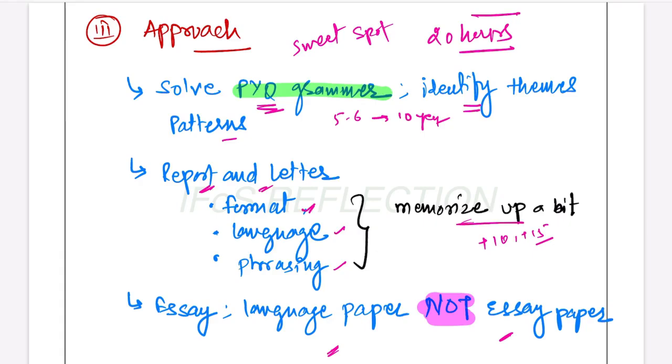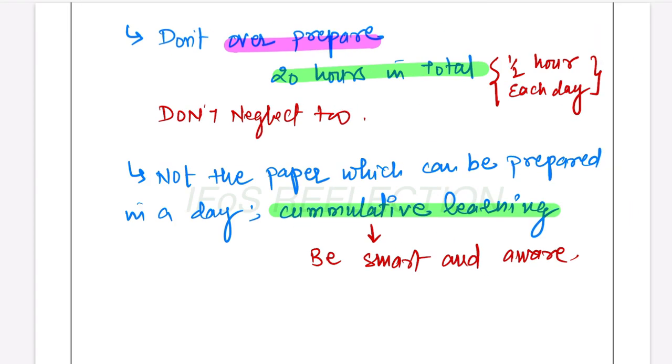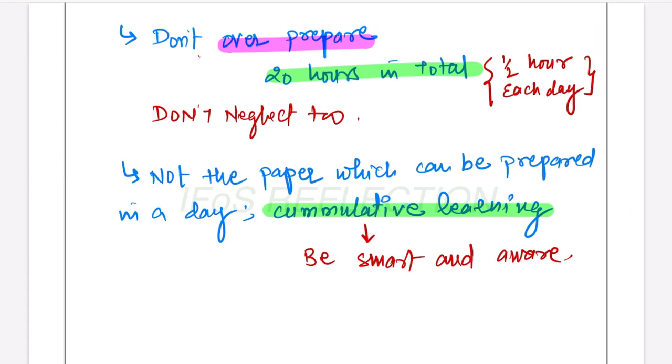This shift requires mindfulness, and with it, the essay from the essay paper can be converted to an essay in the language paper. Like I've said, don't over prepare.